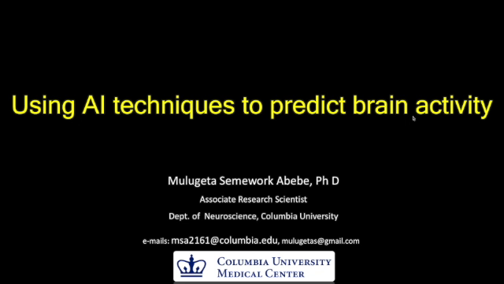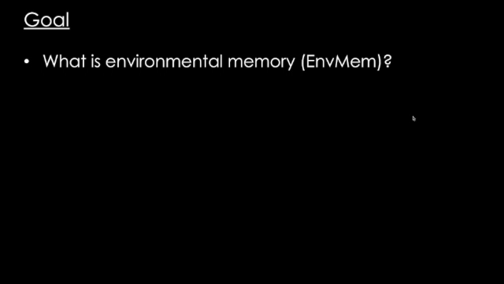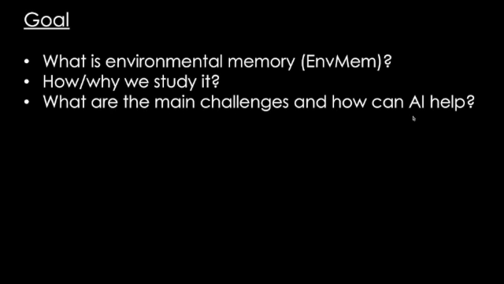So the goal for me today is really to tell you about what I've been studying. It's called environmental memory, which is how we remember our environment, basically, how and why we study it, and why am I interested in AI, and how can it help us and other people, what my main results are.